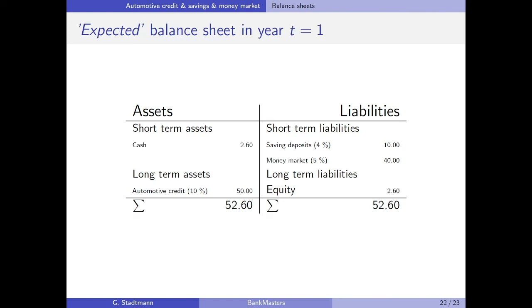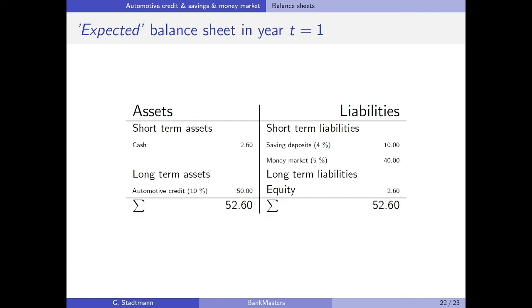In the expected balance sheet in year T equals 1, we can see that there are some changes. In year T1, we are expecting some profits, as we have also generated under the problem that we have solved. The cash equals 2.6 euros now.